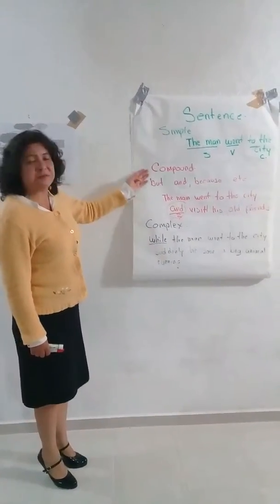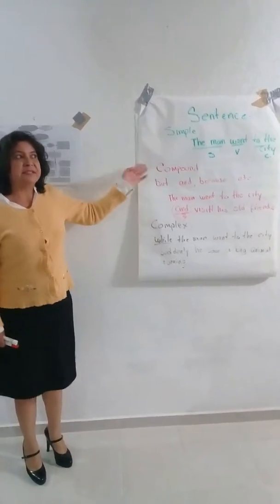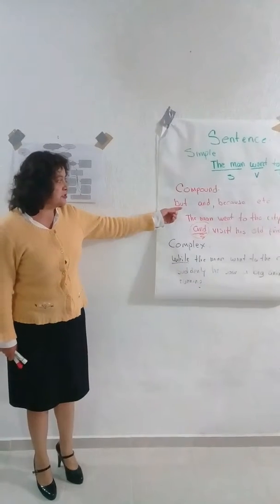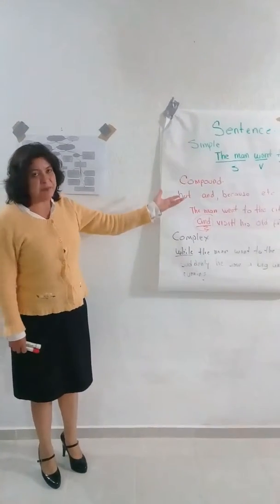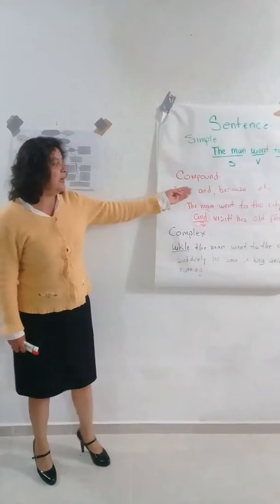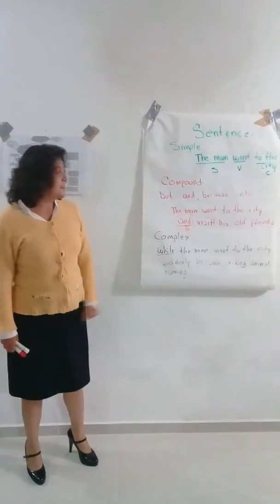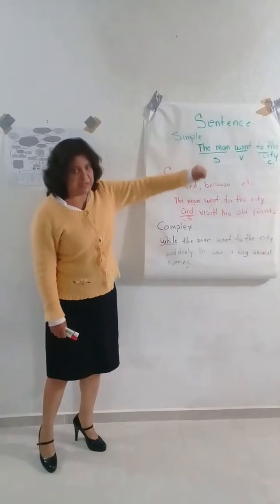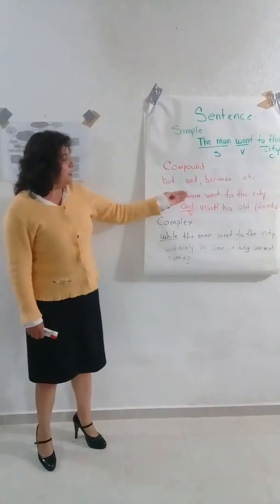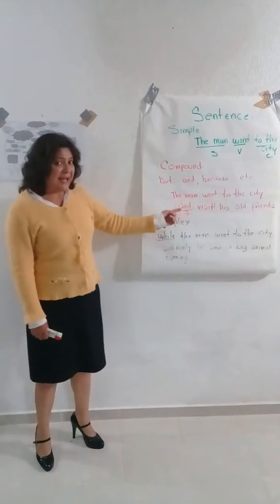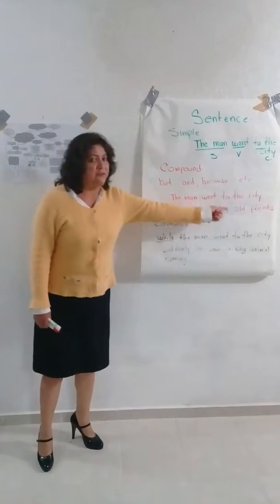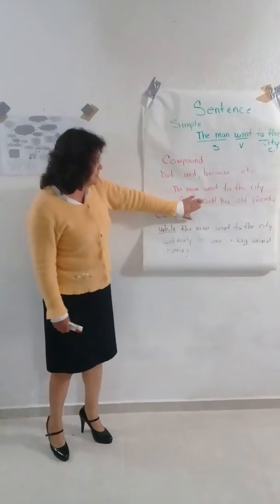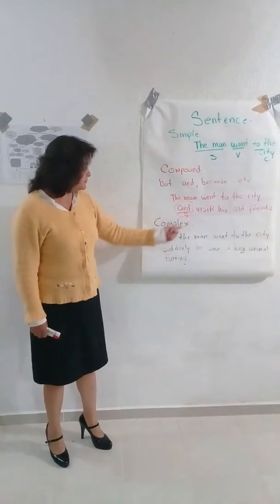Compound sentences are two sentences joined by a conjunction. Some examples of conjunctions are but, and, because, etc. My example is, the man went to the city and visited his old friends. My first sentence, my second sentence, and my conjunction.